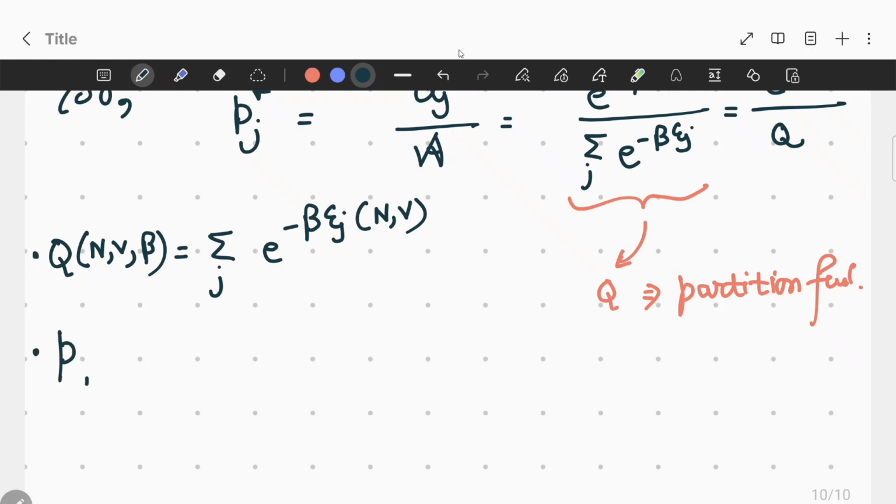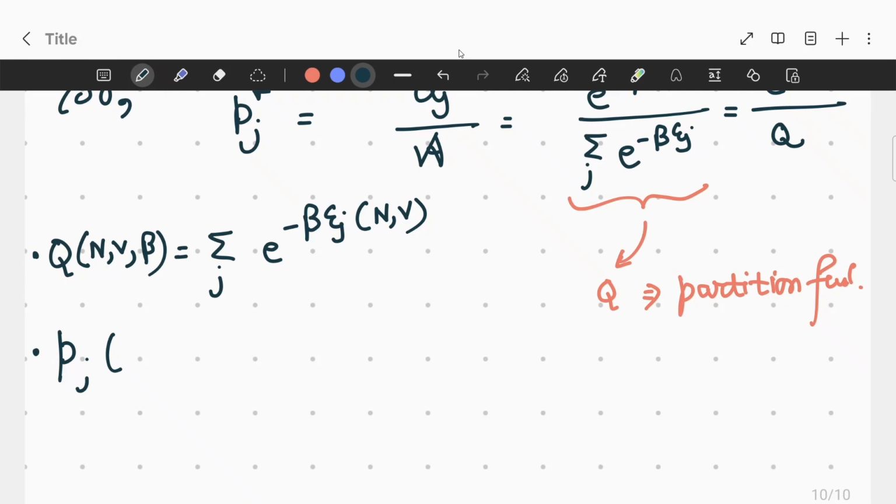We will evaluate what that beta means. When we use the statistical mechanical result to calculate the thermodynamical properties, then we will see that this beta is actually 1 by kBT. Then we will figure it out. Till now, beta is beta, not inverse temperature.